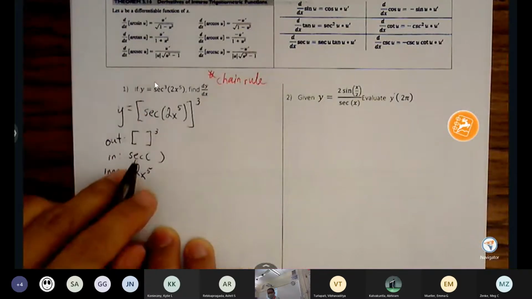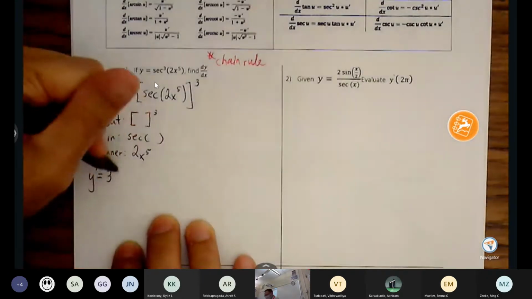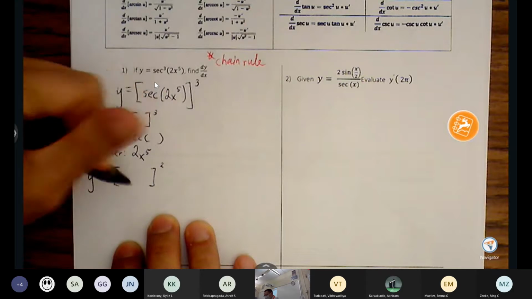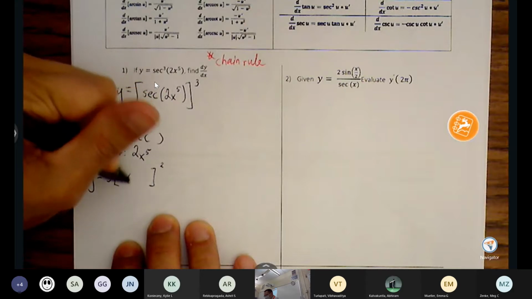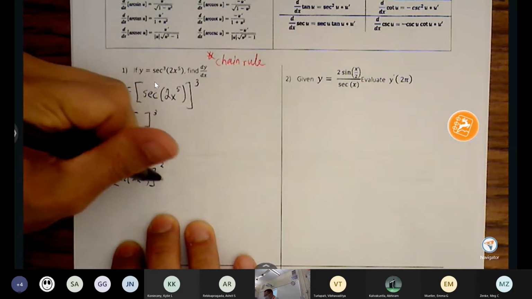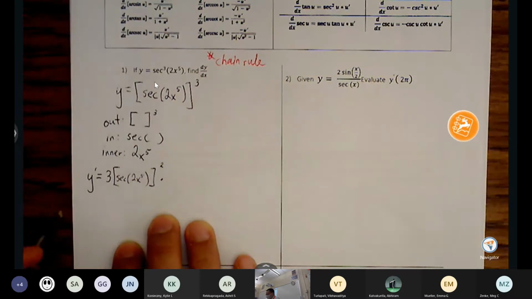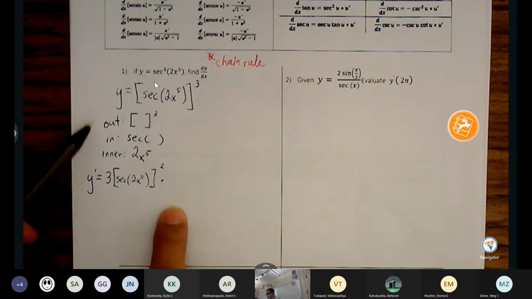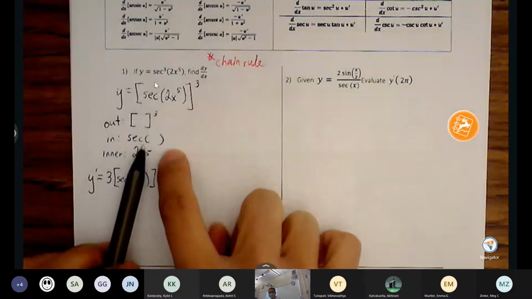Okay, power rule for bracket cubed, 3 bracket squared. Okay, and then followed by secant's derivative.